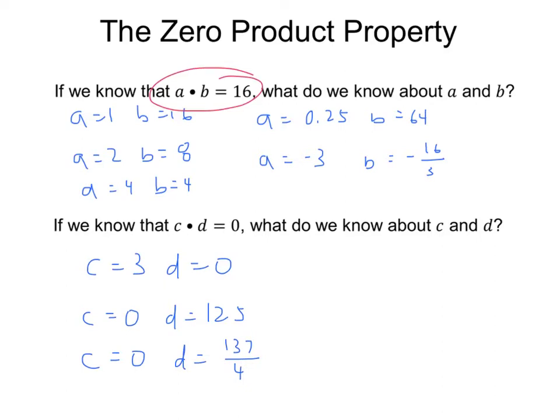We know that at least one of those, C or D, has to be equal to 0. Either C is equal to 0 or D is equal to 0, because it has to be. If we have two numbers that multiply and the answer is 0, at least one of those two things, C or D, has to be 0. So even though we don't know at this point what C or D is, we know at least one of them has to be 0.